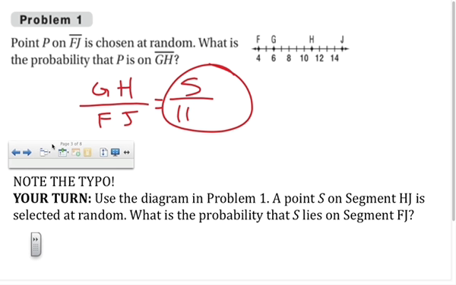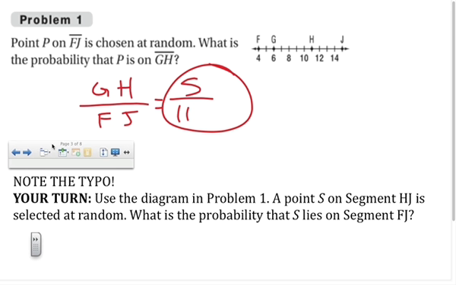And when we fix that typo, some of you are looking at it kind of like, what? Huh? And that's kind of where I'm going with this. So a point S is on HJ, and it is selected at random. What is the probability that S lies on segment FJ? What is the probability that it's going to land on FJ if I know that it's on HJ?